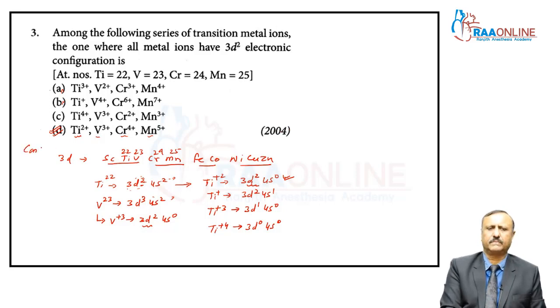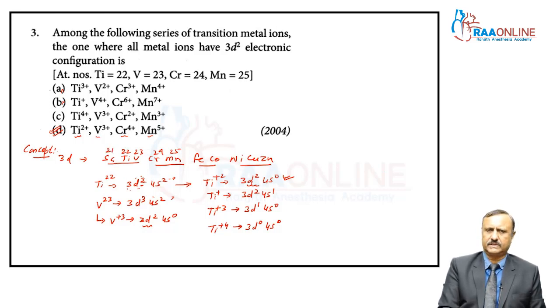My dear students, this is the concept of this question. First of all, you should learn the electronic configuration given in my question number 1. I gave you all the electronic and outermost electronic configurations of these elements, and this is applied in all coming questions.